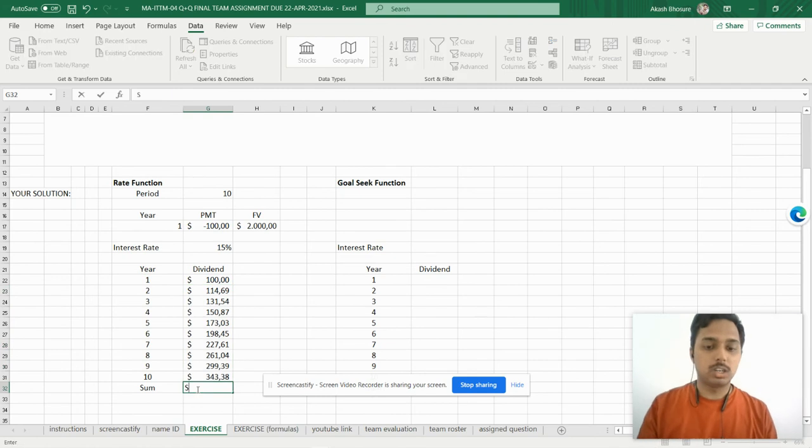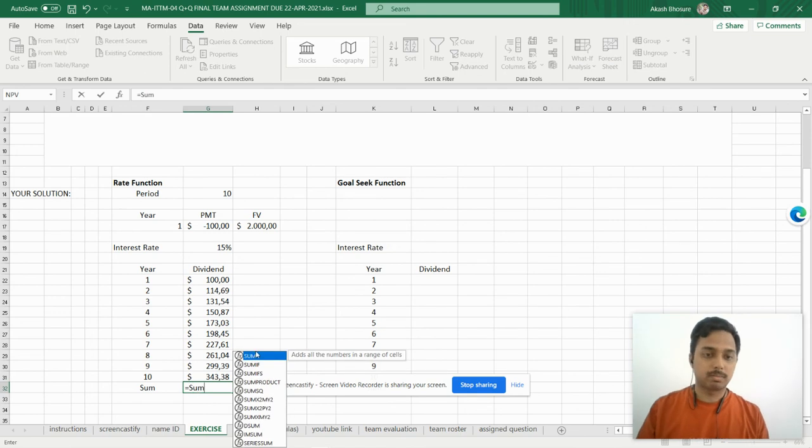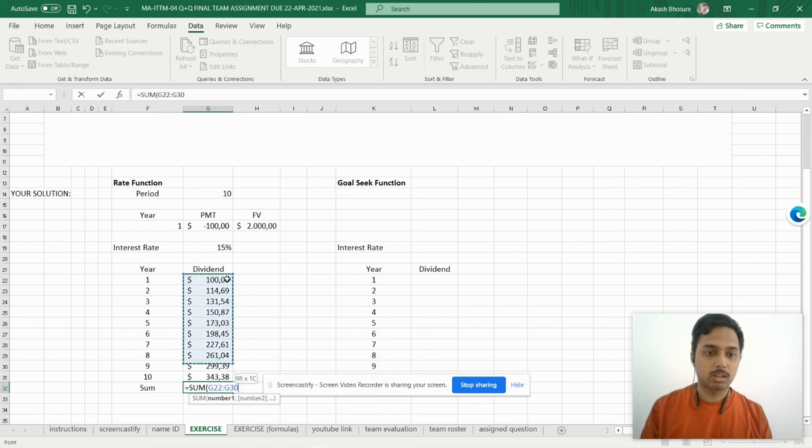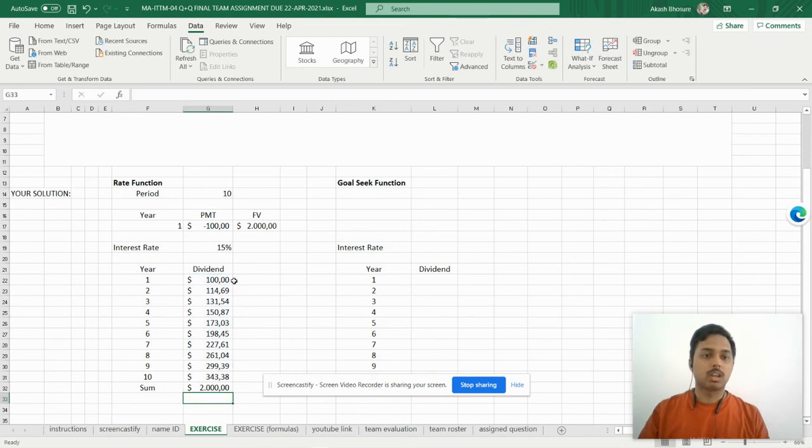The sum of all these dividends we can calculate using the SUM function. By solving case one with the RATE function, we get the sum as 2000 and interest at 15%.